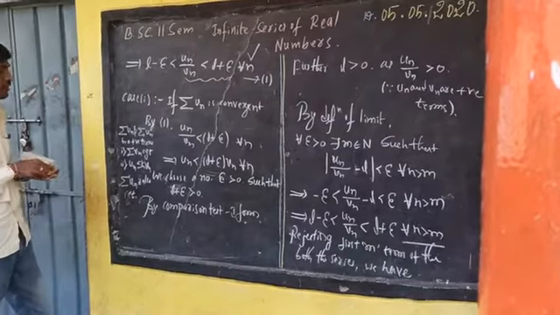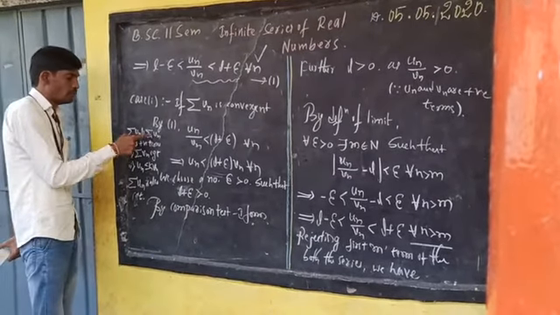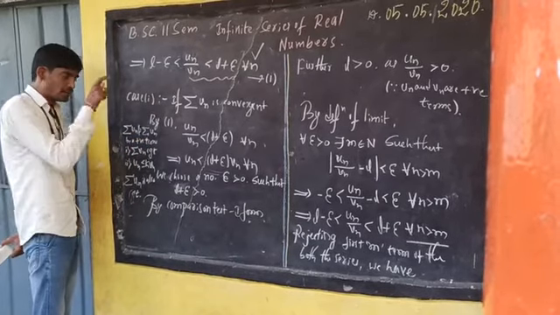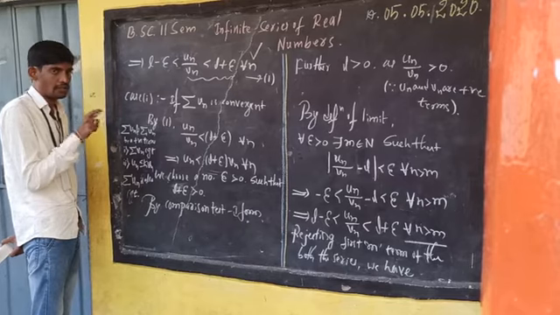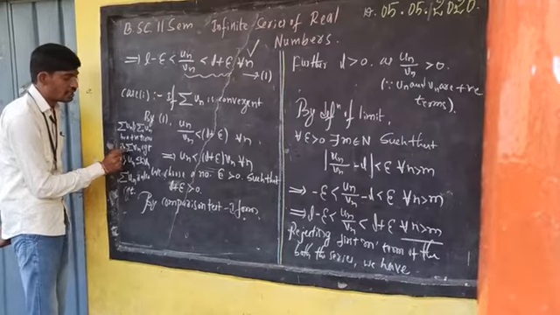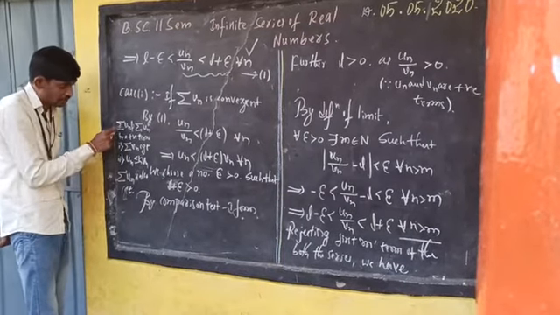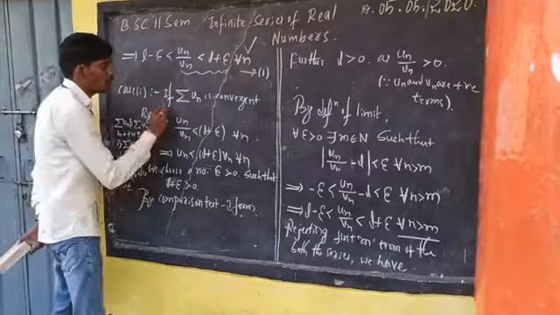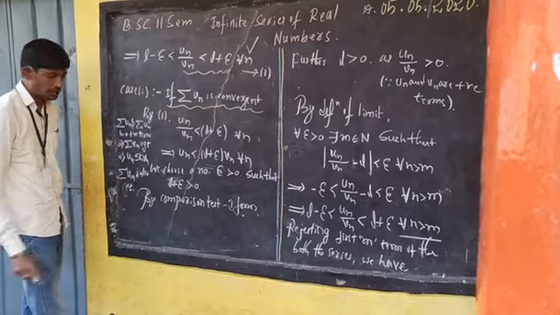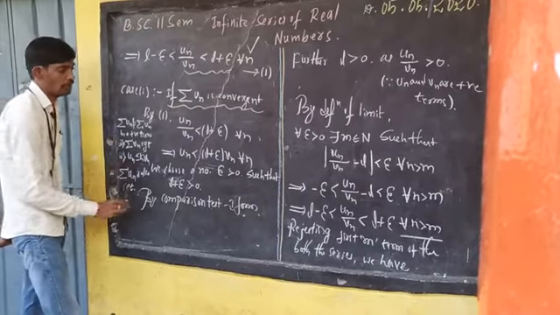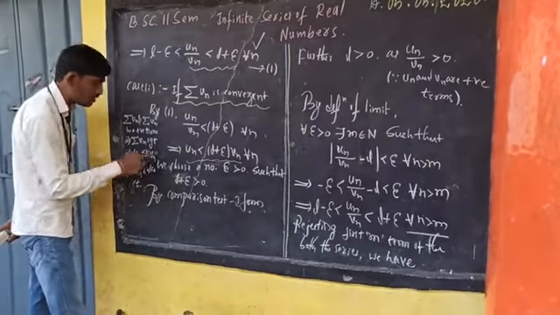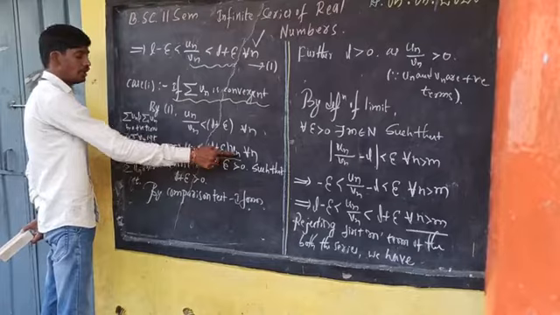Please concentrate on this. Summation un and summation vn are series of positive terms, because it is given in the theorem, so this is correct. The first condition, summation vn is convergent, is our case. The second condition, un is less than or equal to k into vn: from result number 1 we obtain un is less than L plus epsilon into vn.